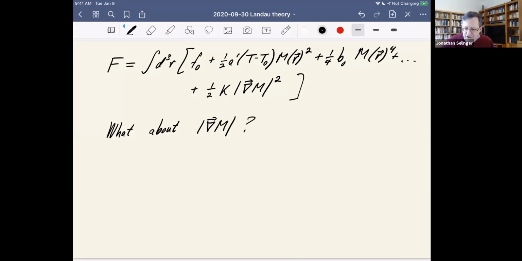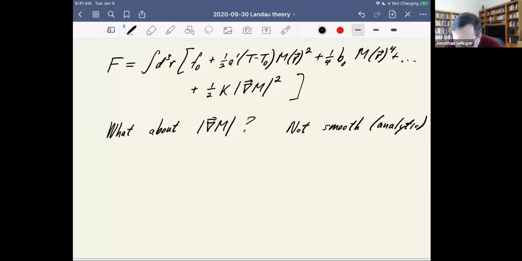So this magnitude of the gradient of m by itself. And the answer is no. It violates the condition of smoothness, okay? This counts as not smooth or analytic.